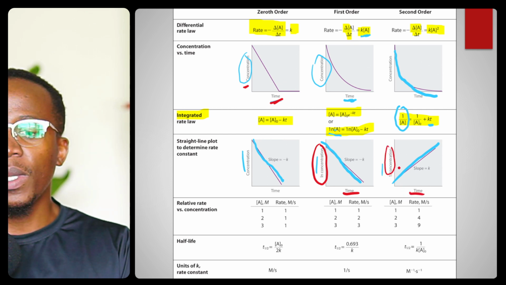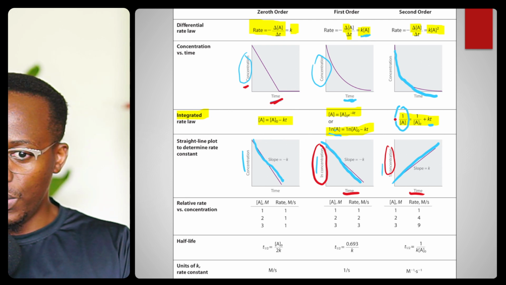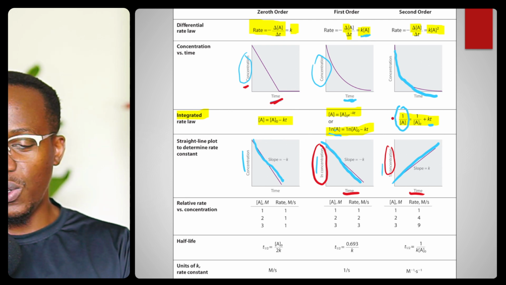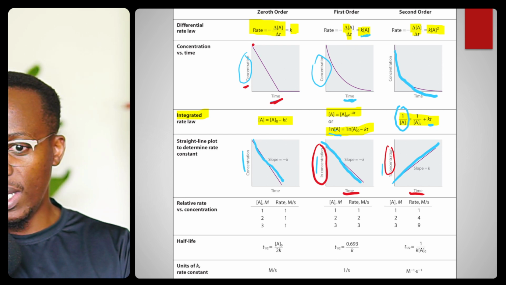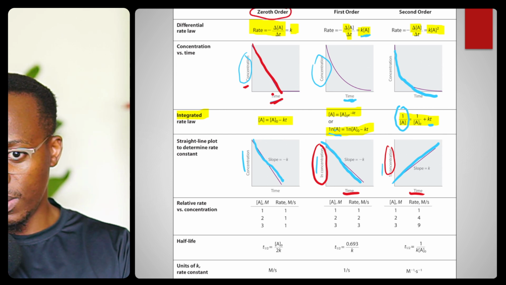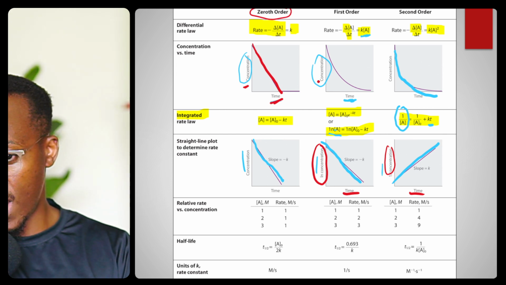Now, if you do a graph of concentration versus time, and it's linear, meaning that it gives you a straight line, then you know it's a zero order reaction. If it's not a zero order reaction, it will not give you a straight line.